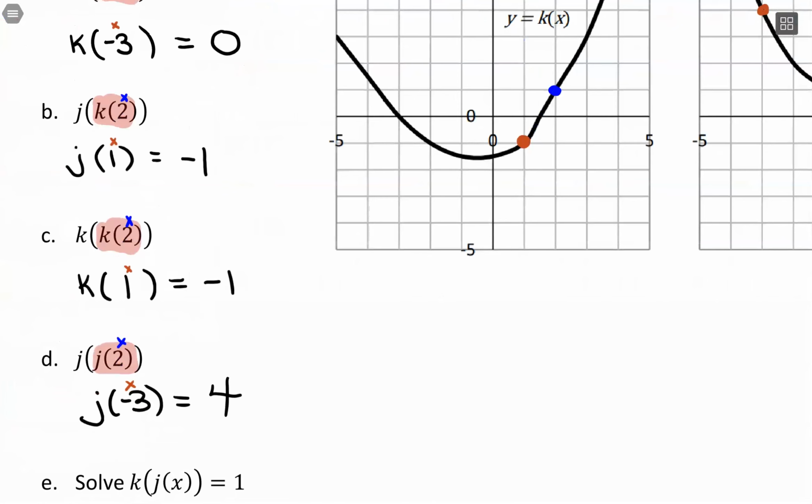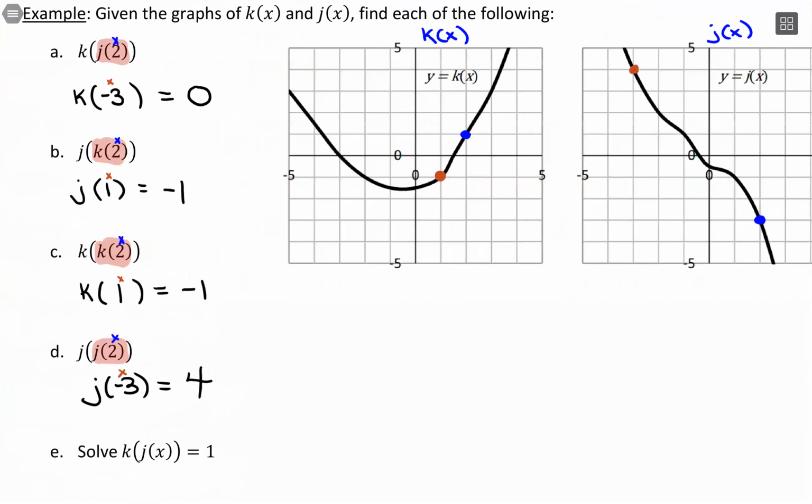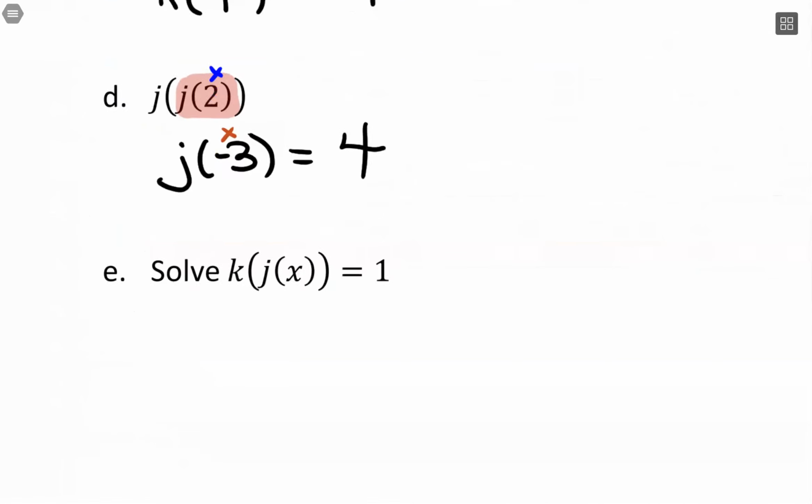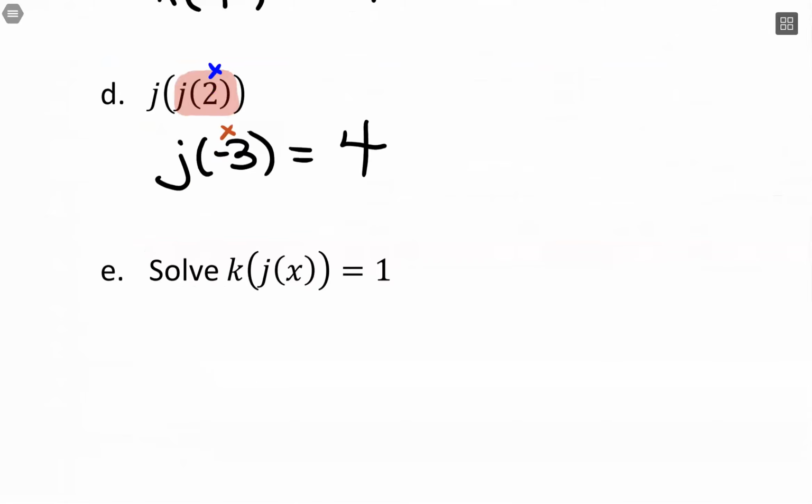Alright, so now let's look at solving. Like with the tables, we're going to work in reverse here. What I really want to solve to start with is just focusing on k. I want to see k of what is equal to 1.